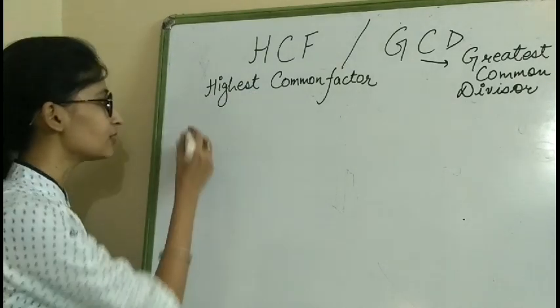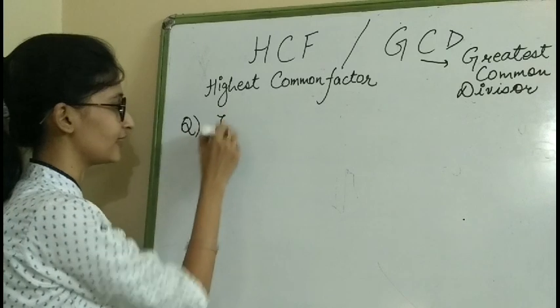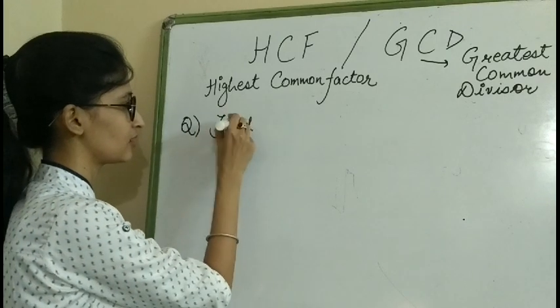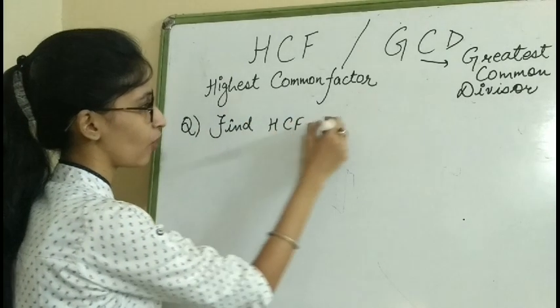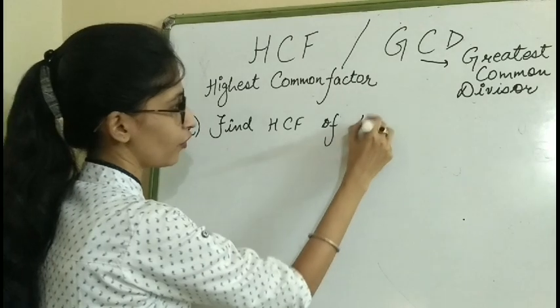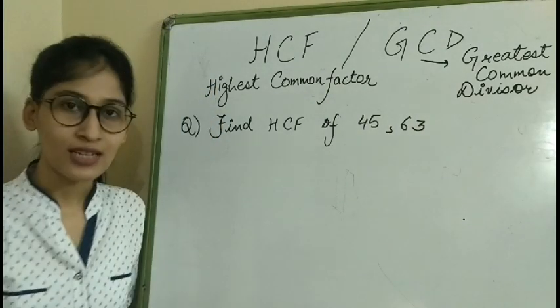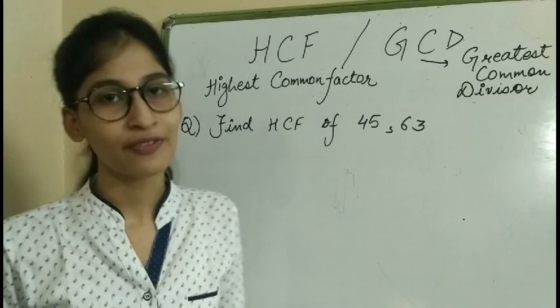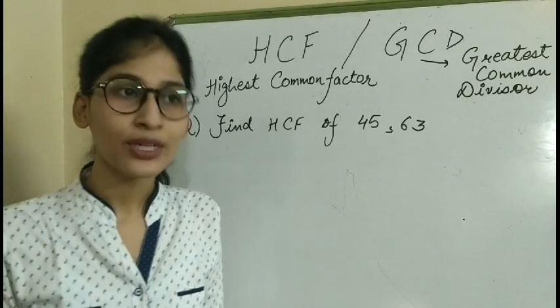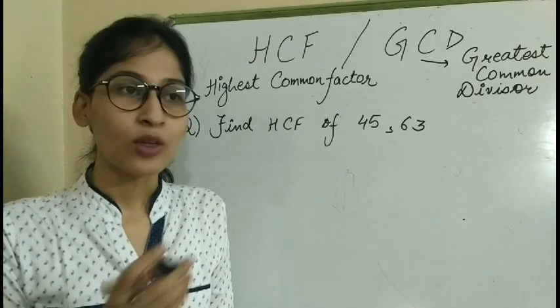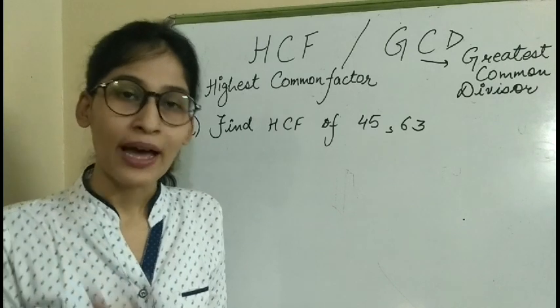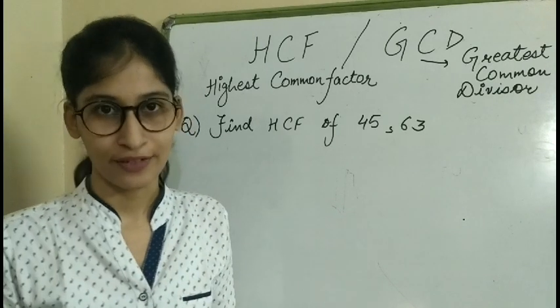So for example, it is asked to find the HCF of 45 and 63. So first I have to write all the possible factors of 45, or you can understand it as all the possible numbers by which we can divide 45.